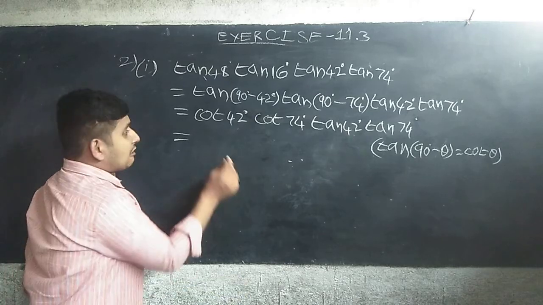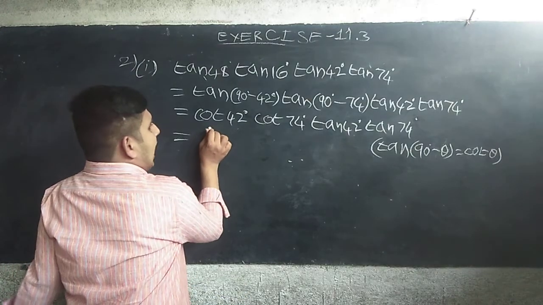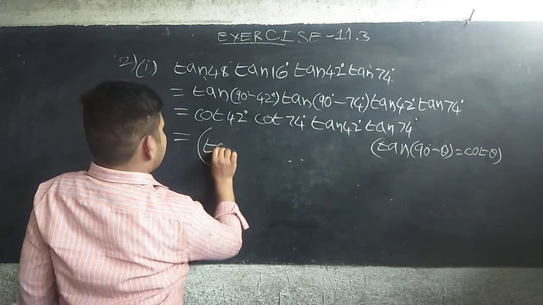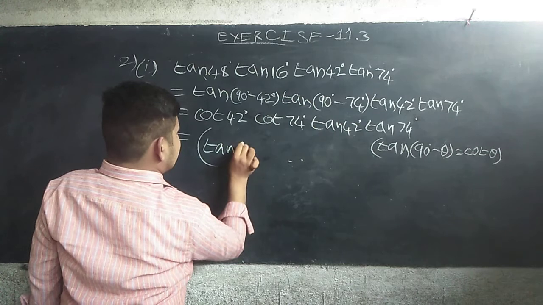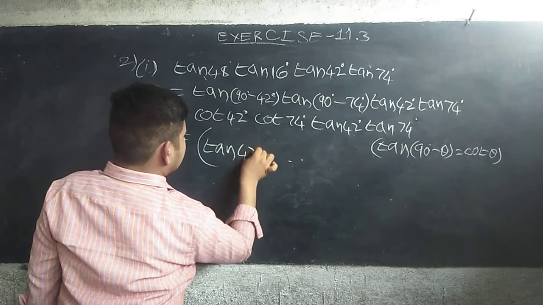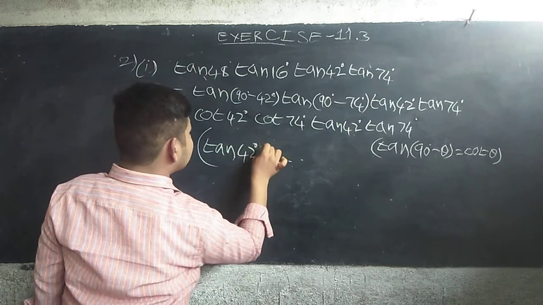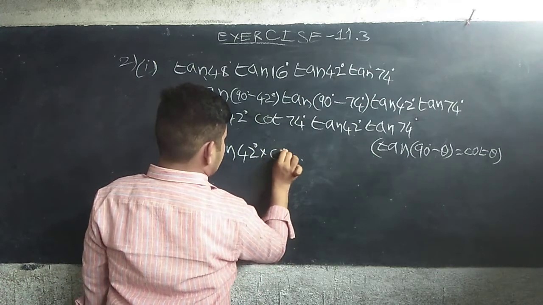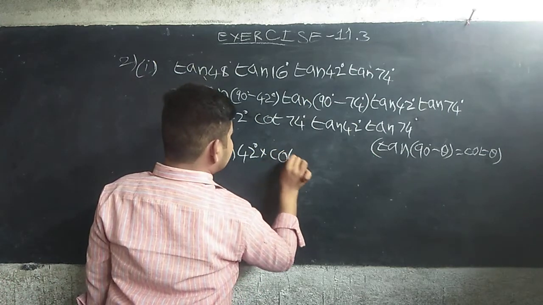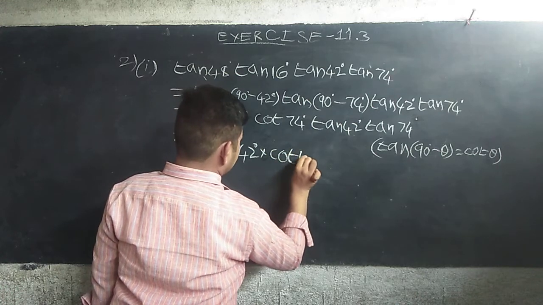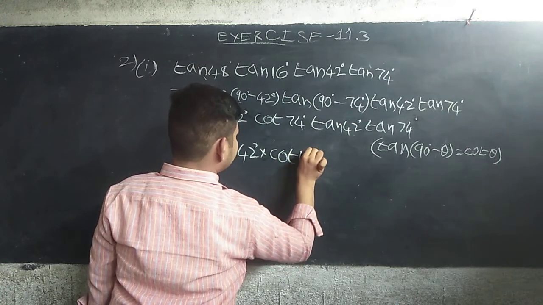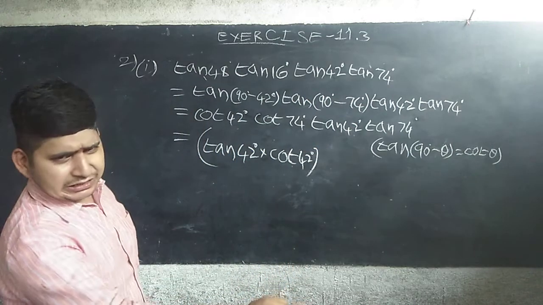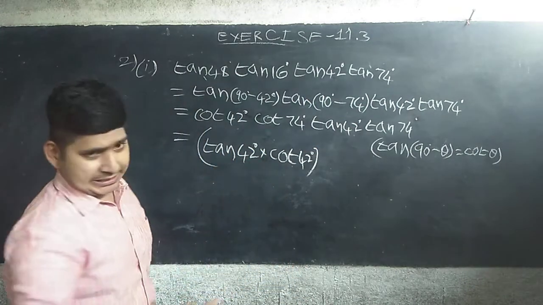Okay? So that is nothing but tan 42 degrees into cot 42 degrees. 42 degree angle completion now. So close the bracket.